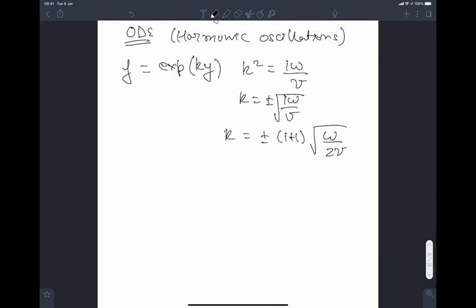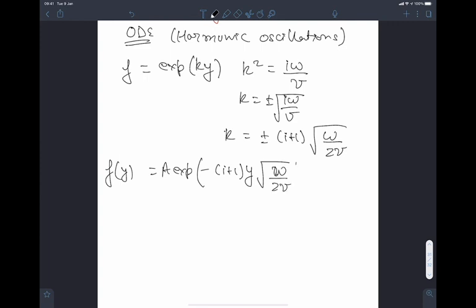So if we plug this in, then the general solution of f will read a exponential of minus iota plus 1 y square root omega by 2 nu plus b exponential of iota plus 1 y square root omega by 2 nu.